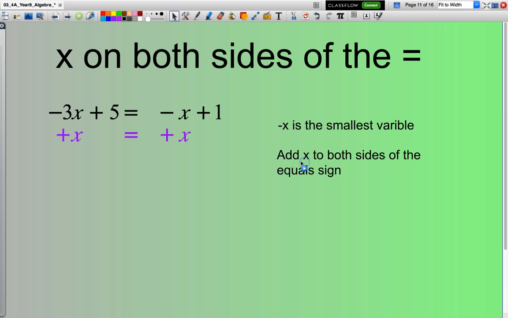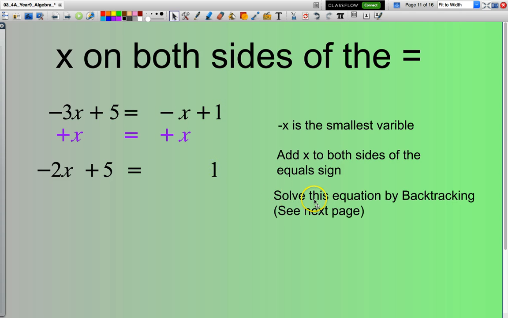So there we go. Add x to this side, add x to this side. So notice how I line up the x's here. Makes it easier for my adding up. So this will become negative 2x, 5 minus 5 cancels out, and I have the 1. Then simply backtrack this equation here. It's a much simpler version of that.